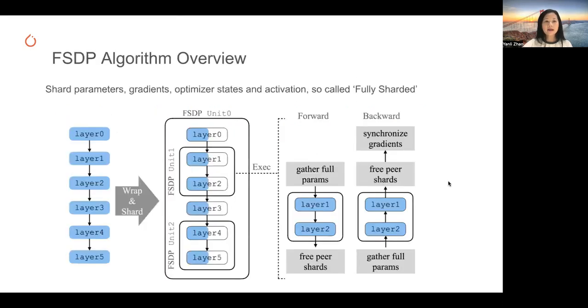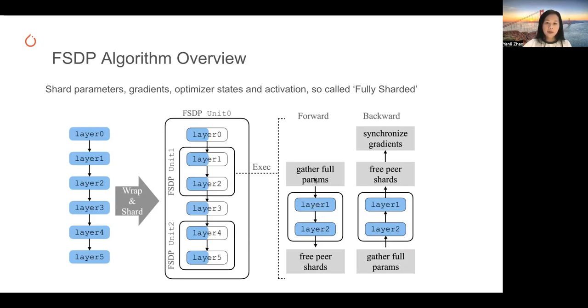Let's look at its algorithm overview. Overall, the FSDP algorithm shards parameters, gradients, optimizer states, and activations, so it's called fully sharded. FSDP breaks down a model instance into smaller units and then flattens and shards all of the parameters within each unit.